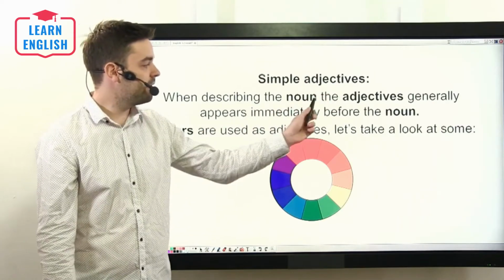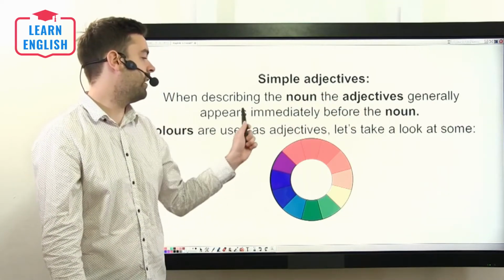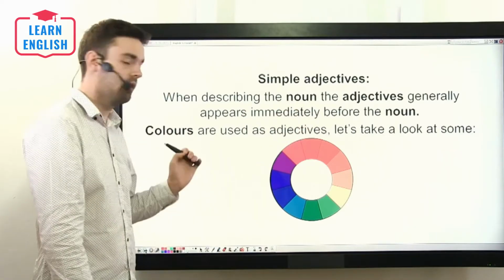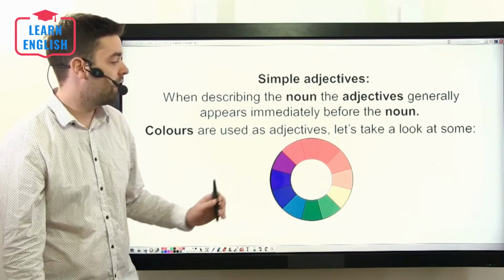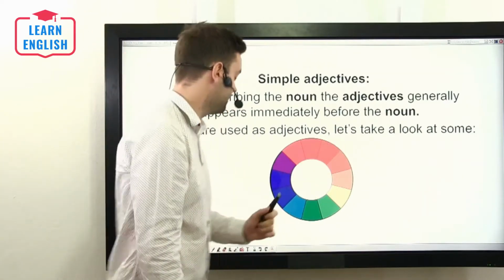So let's start off with some simple adjectives. When describing the noun, the adjectives generally appear immediately before the noun. Colours are usually used as adjectives. So let's take a look at some.